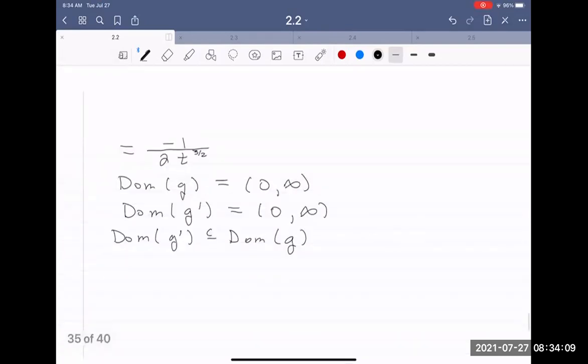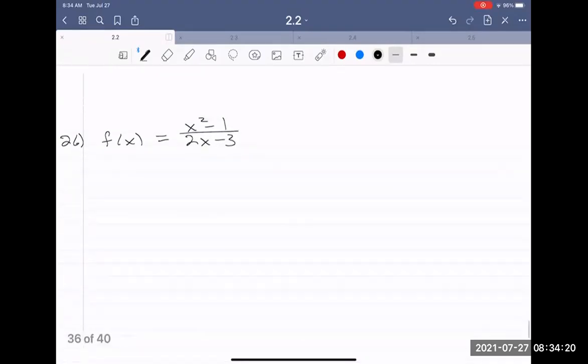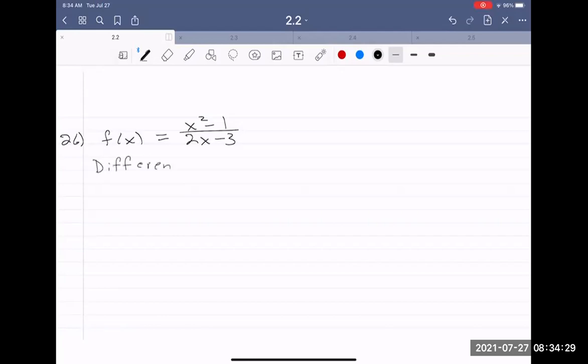Let's look at problem number 26. Okay, so for problem 26, let's use, again, the difference quotient definition of the derivative.